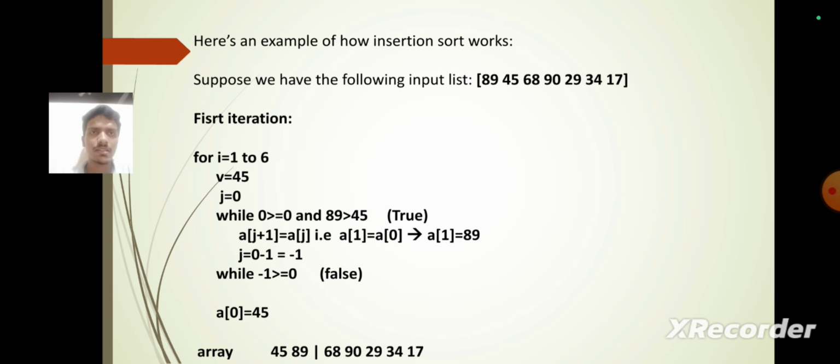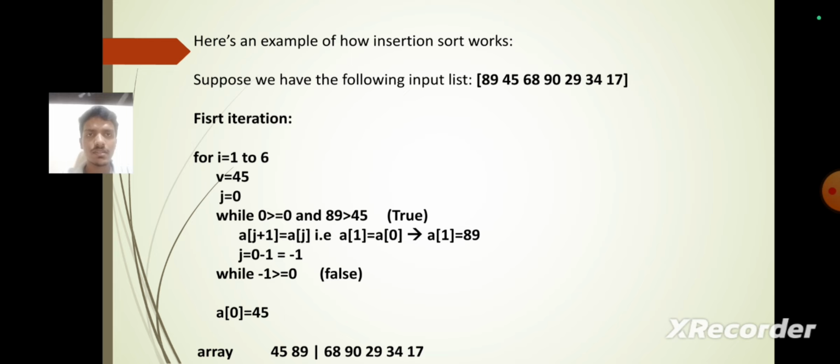Here is an example of how insertion sort works. Suppose we have the following input list: 89, 45, 68, 90, 29, 34, 17. First iteration. For i equals 1 to 6, v equals 45, j equals 0.